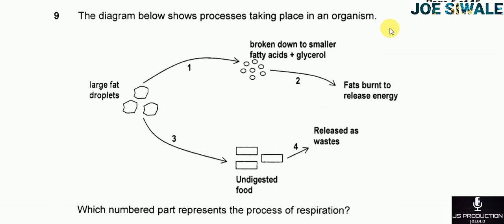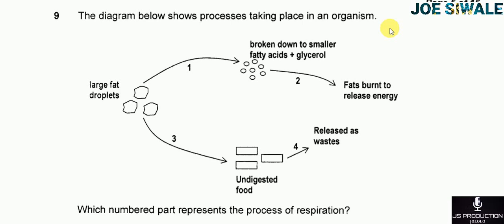Question 9 reads, the diagram below shows processes taking place in an organism. So I have large fat droplets. So if they take process 1, it will lead to breaking down to small fatty acids plus glycerol.